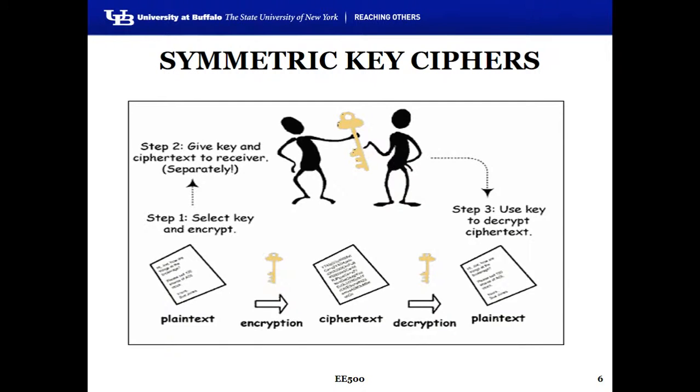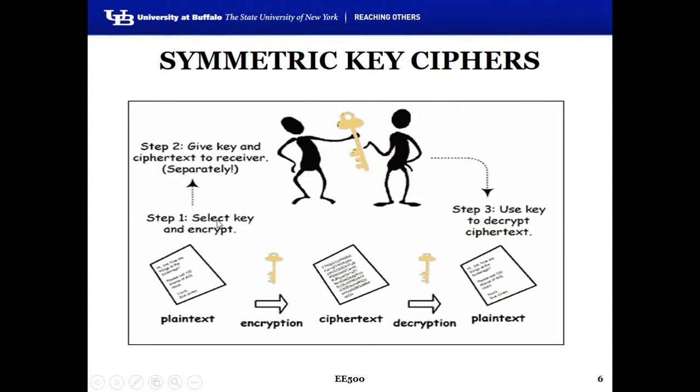Now, for symmetric key ciphers, step one is that we select a key which is used for encryption. Once the sender selects the key, the sender will give the key to the receiver. This is done beforehand, as a separate step.